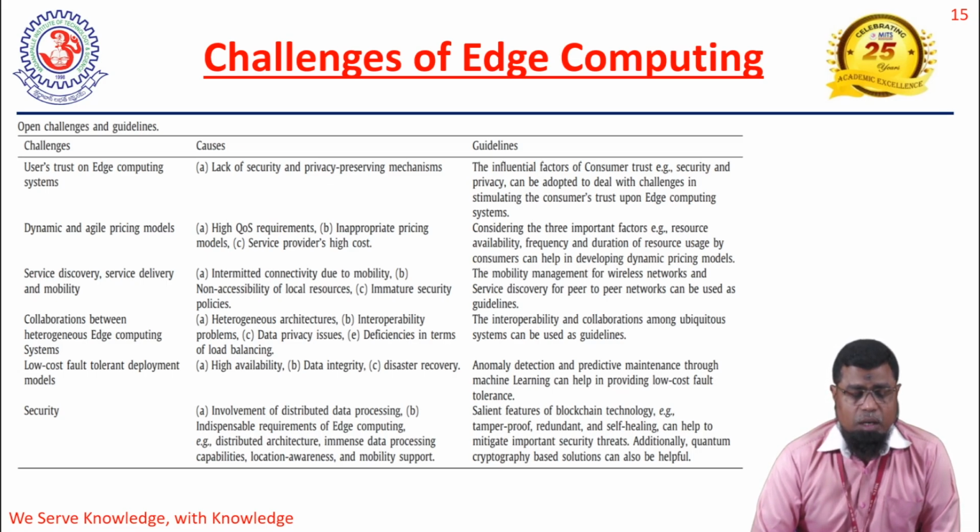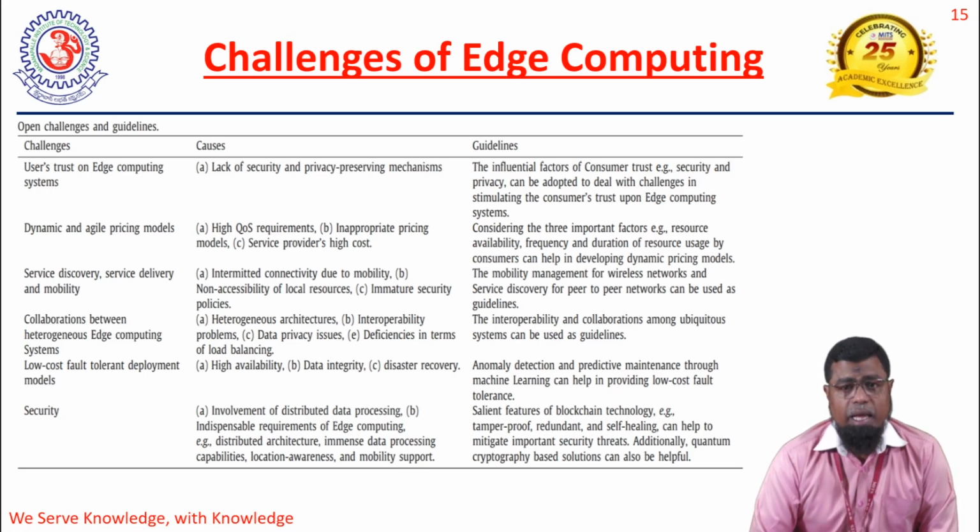First, trust on network edge computing systems: privacy and security have to be preserved, for which we need to implement new technology like blockchain or cryptography algorithms for implementing security over edge computing networks. Then the network is highly dynamic due to high mobility. Then pricing models.